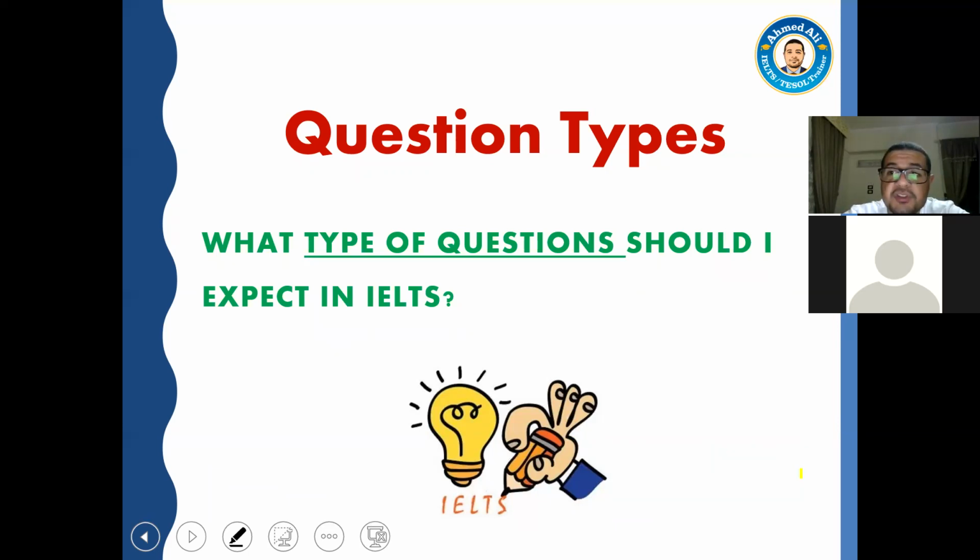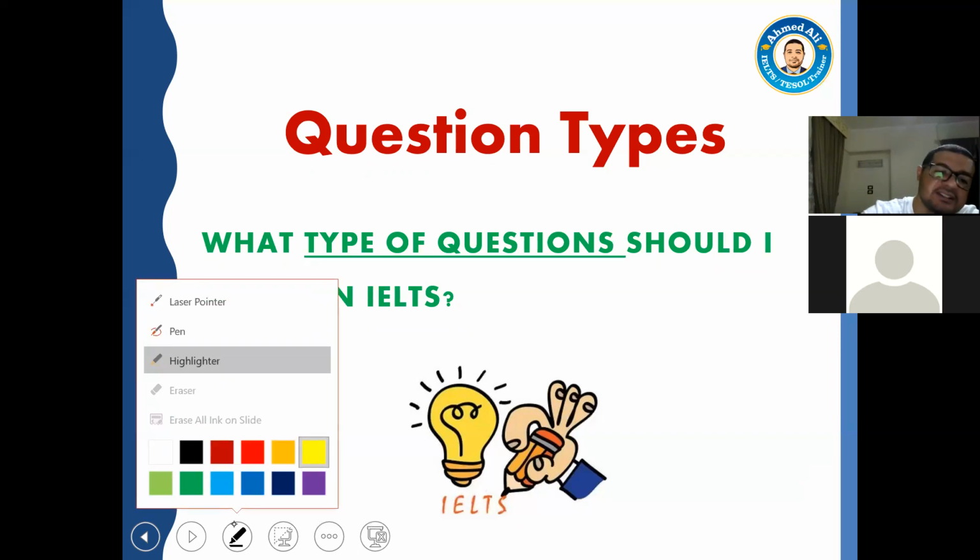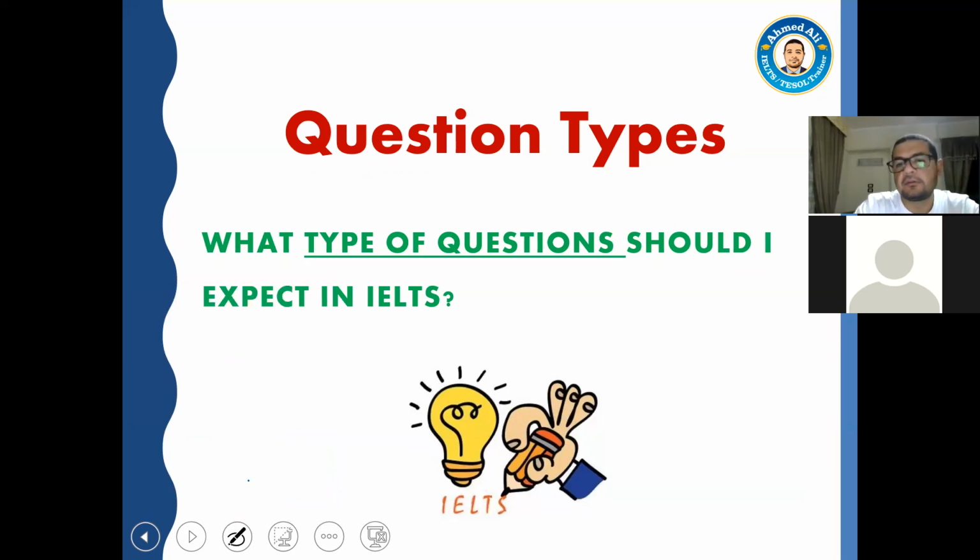If you are going to sit for an IELTS test, what type of questions you might have in writing? Let me tell you at the beginning that the writing section in IELTS has 2 tasks, 2 questions. The 2 tasks, we call them task 1 and task 2.